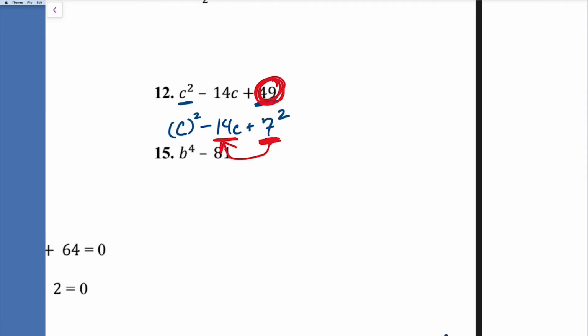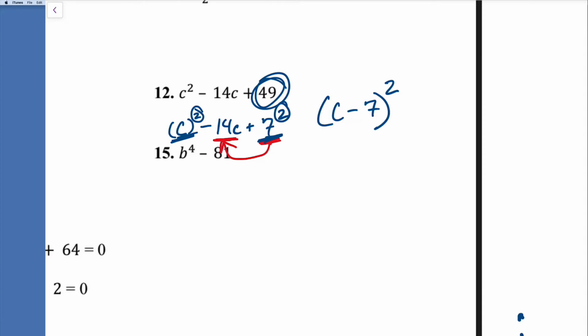Again, this is not always necessarily obvious, but you have to kind of play detective, follow the clues, and see what clues are available to you. I just happened to spot that 49 being a perfect square. So I use these terms right here as the base for my binomial, and I'm going to use c minus 7. They're both squared, so I can just square that out.